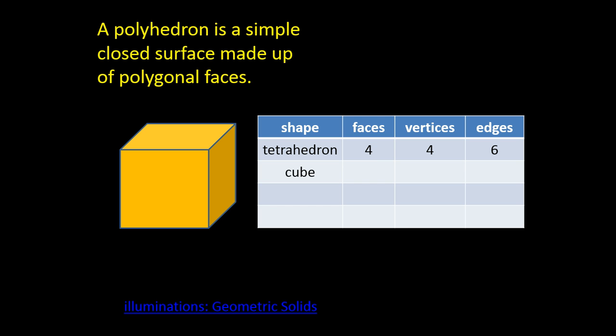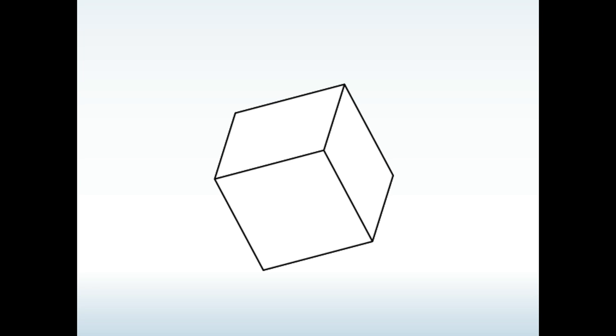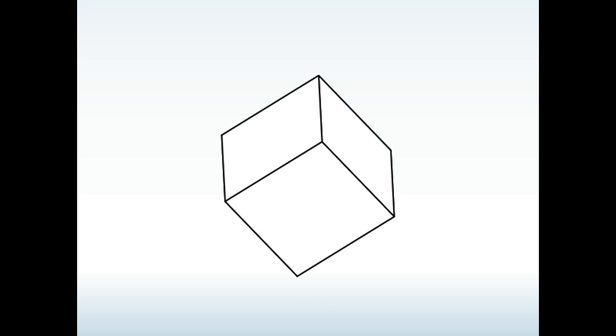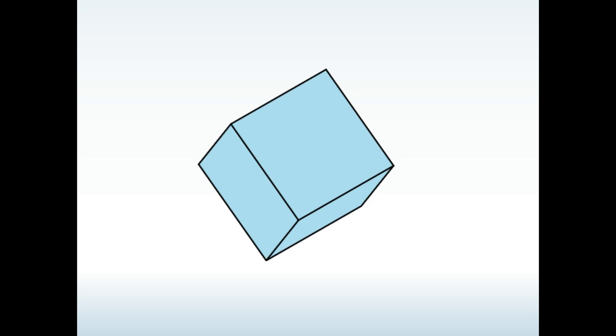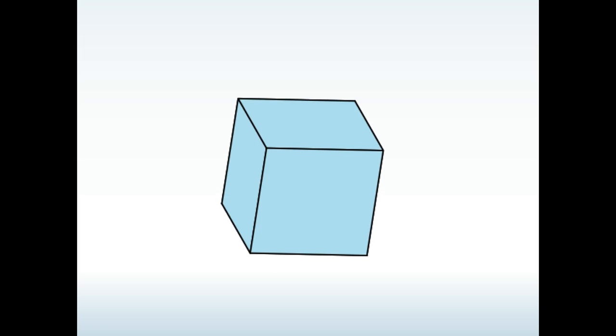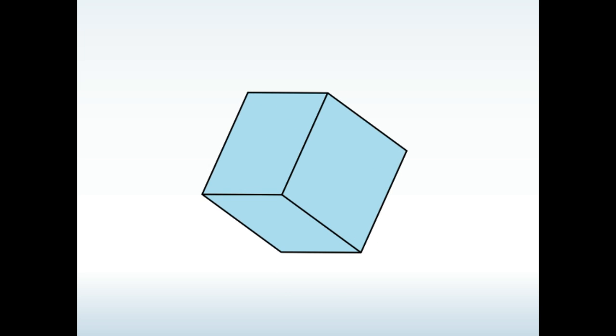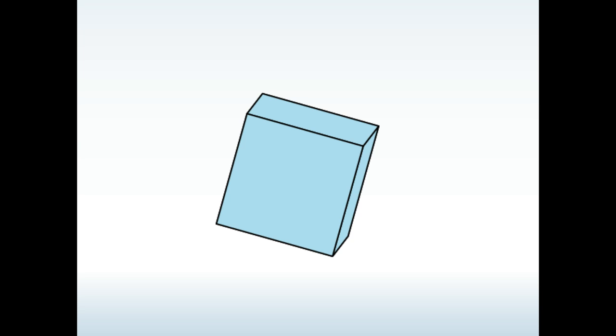Now let's try the same thing with a cube. Let's start by counting the faces on the cube. So it has 1, 2, 3, and I'll have to rotate it to see the others, 4, 5, 6. So a cube has 6 faces. The edges are the line segments that connect the faces, so let's count those.